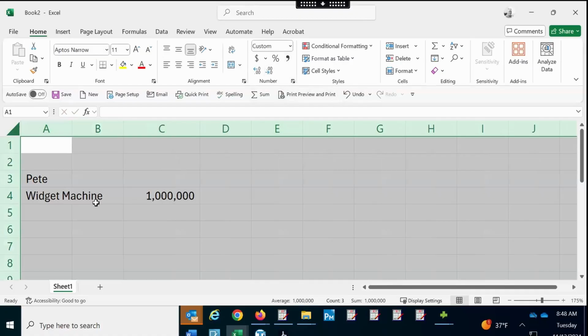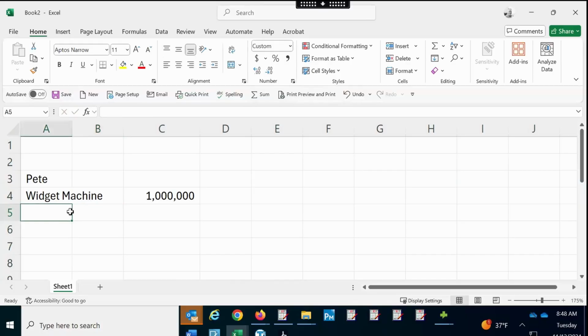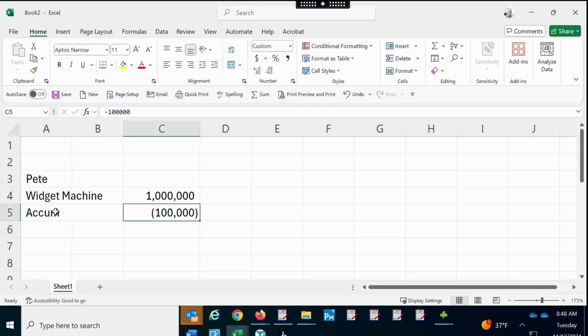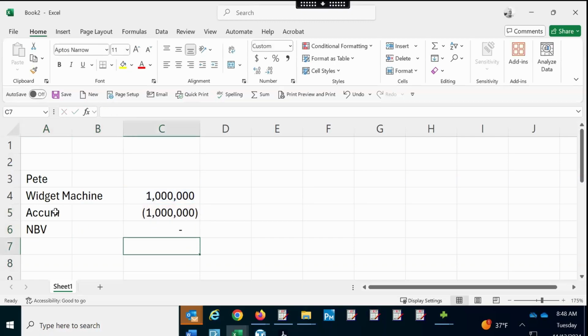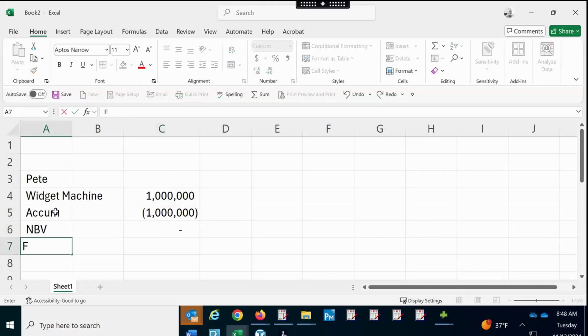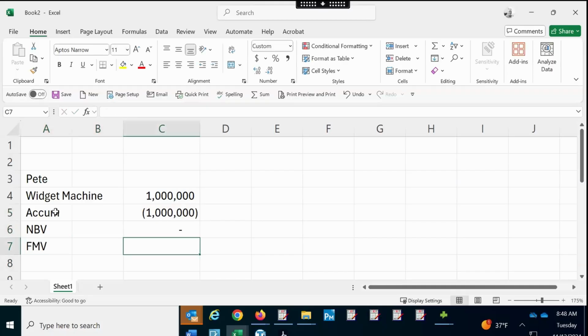And I'm going to say accum, and we're going to do this first in the extreme. Net book value is how much? 0. Fair market value, we're going to leave it at $1 million. Fair enough? Everybody good with the facts so far?